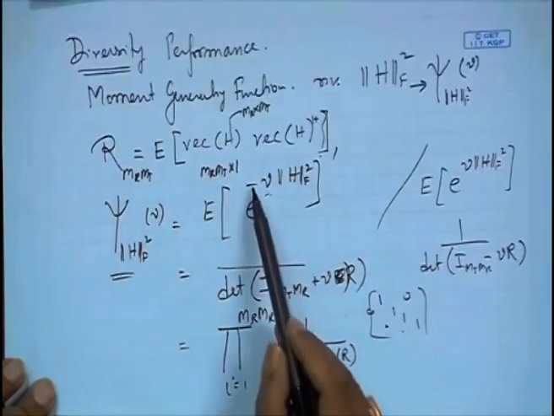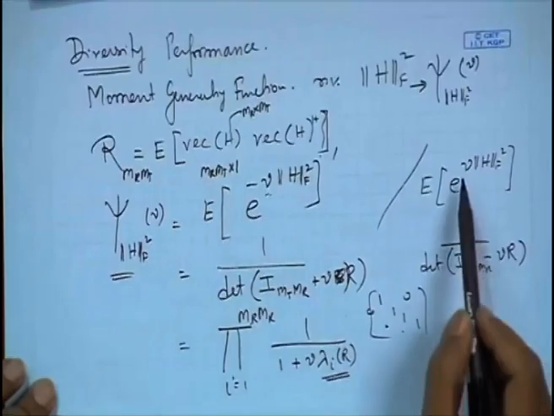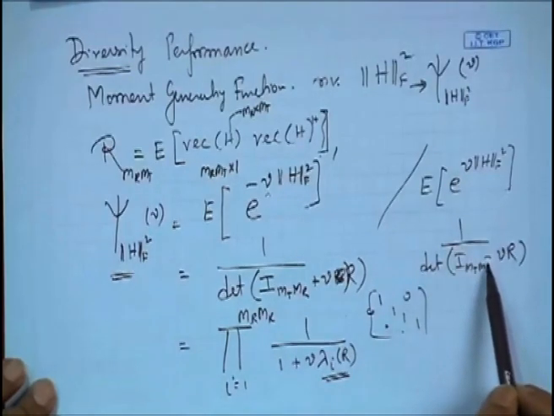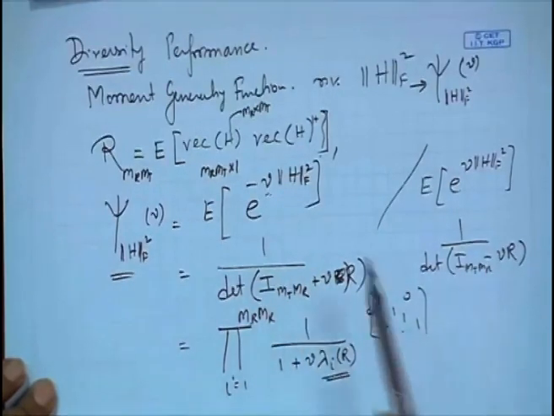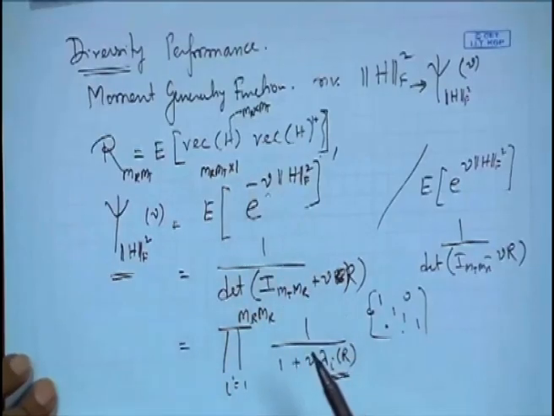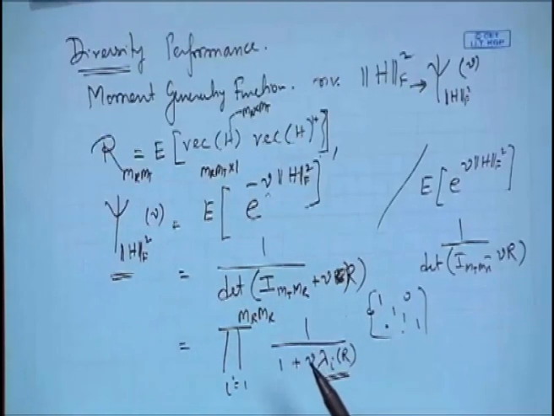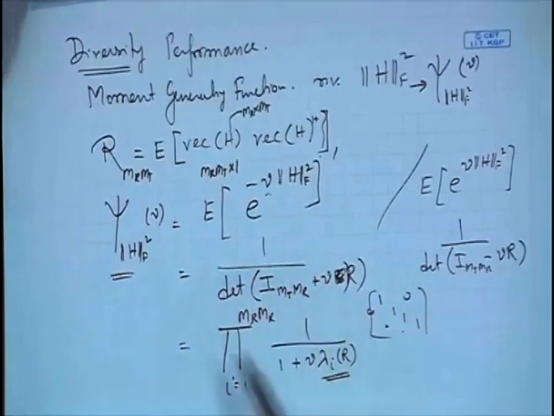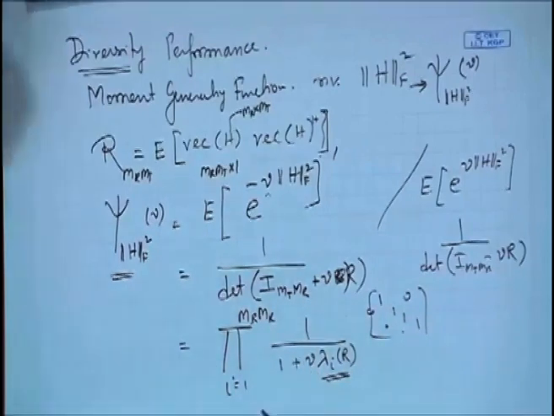I have already said this could be a minus, this will become a plus. If there is a plus over here, it would become a minus over here. It just doesn't matter, because this whole expression will be used. So the sign is unimportant in our case. We'll be using this for calculation of probability of error, which is again a very important expression. We'll be using this in the future lectures on performance calculation of diversity schemes in MIMO.